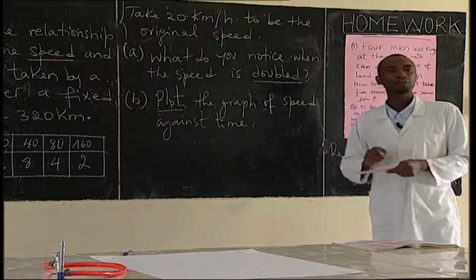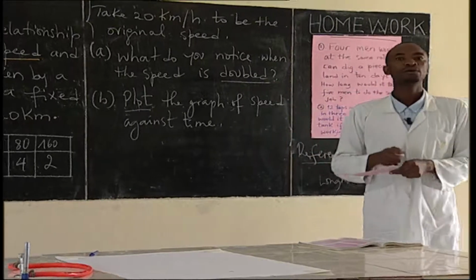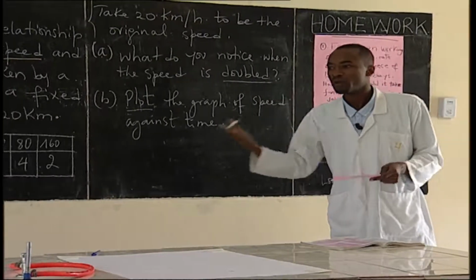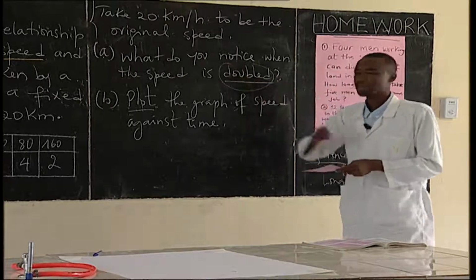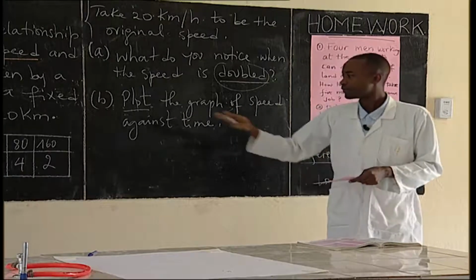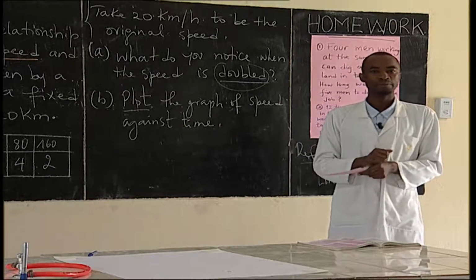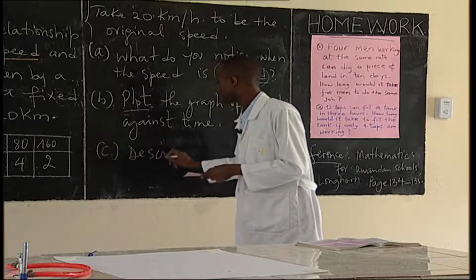This is the second thing you would do on your activity. You will first find out what you observe to see if the speed is doubled, and also plot the graph of speed against the time.